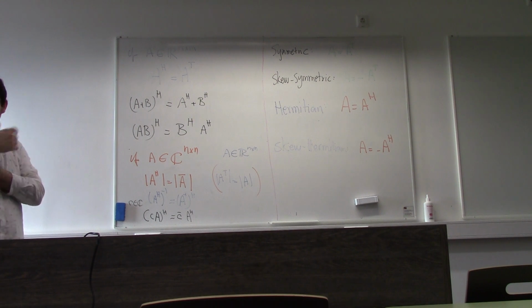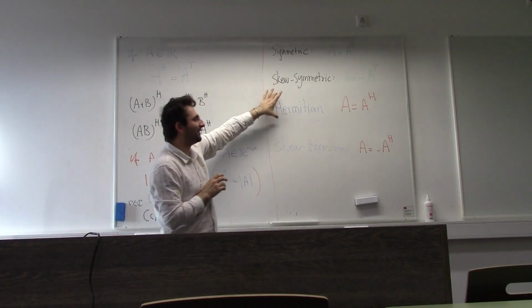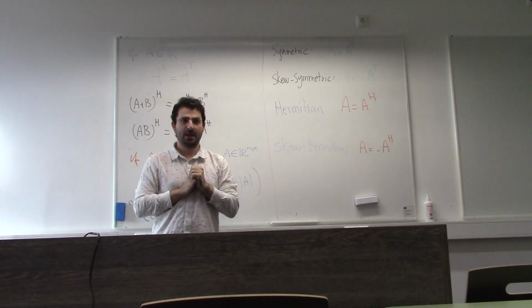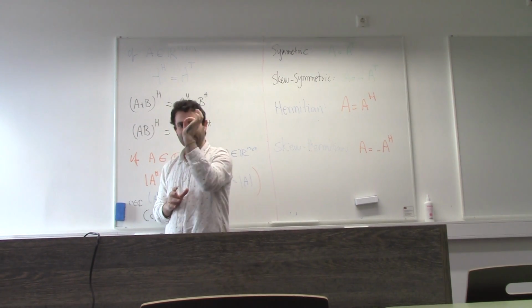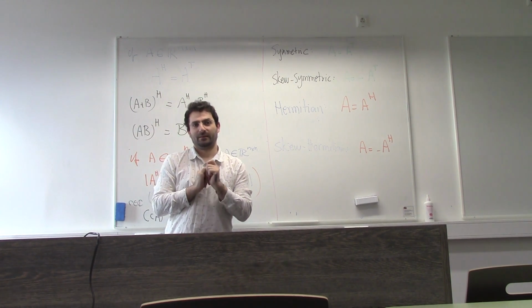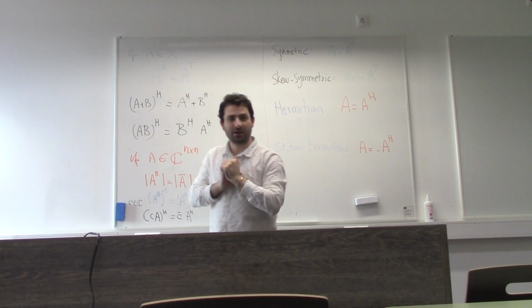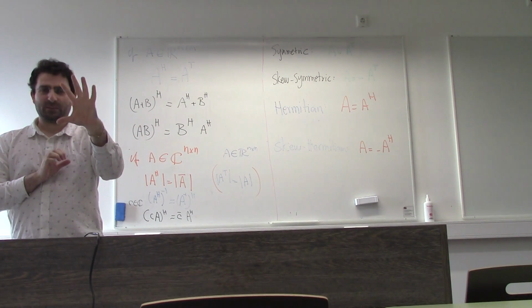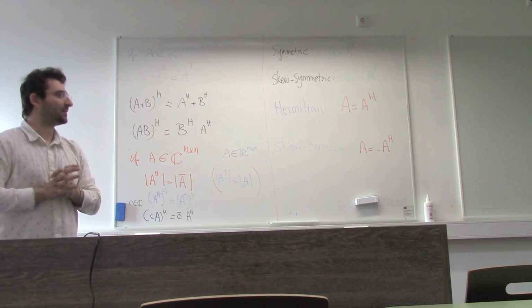Now that I know the names, maybe Hassan will tell me, if I tell you that the matrix A is Hermitian, what would be your observation? What would be your conclusion? Hermitian means that A is equal to A conjugate transpose. Think about it, what can you conclude? Then A has this specific property.